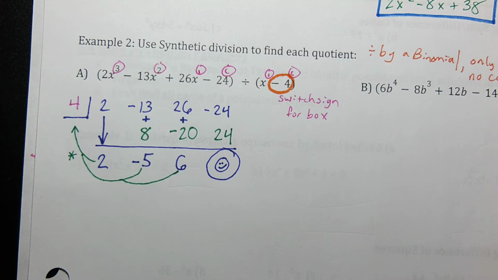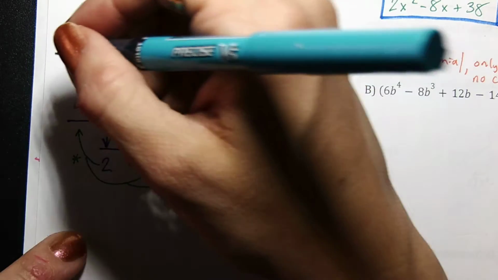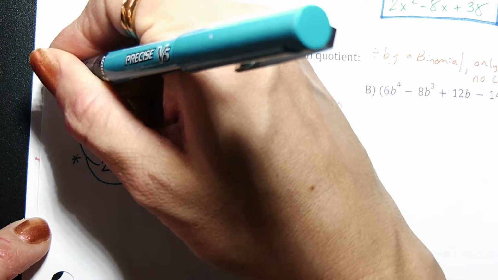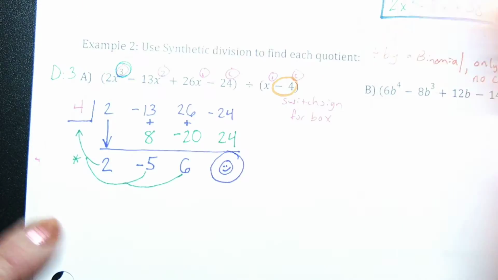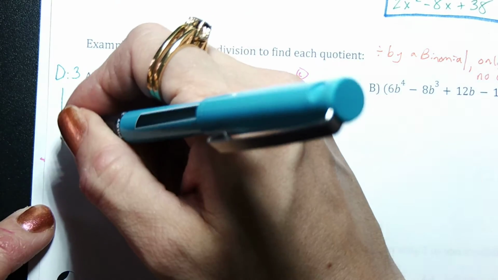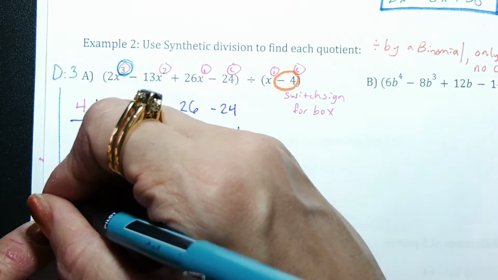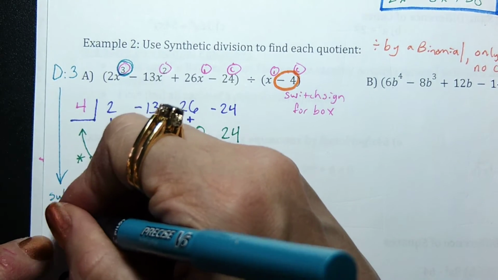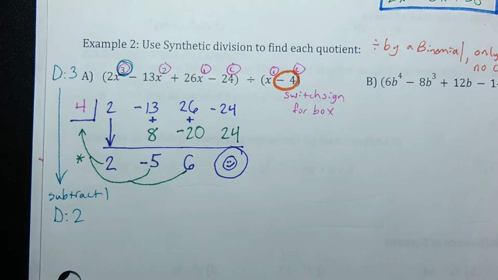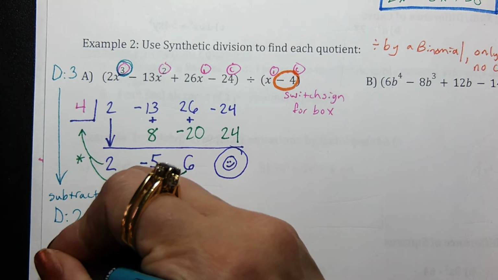So how we are going to do this is we are going to take the starting degree of our polynomial dividend, which is 3, and we are going to always subtract 1, so that the degree of our answer is now 2. We call the process of breaking down the degree to something smaller depressing the polynomial.